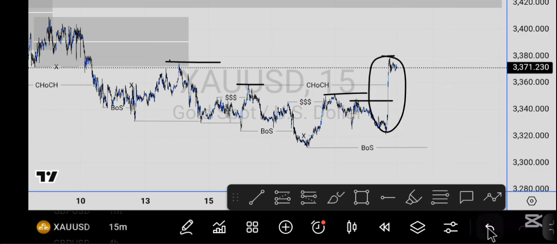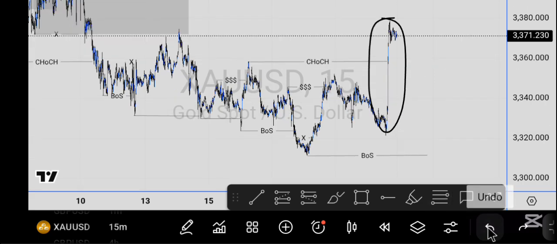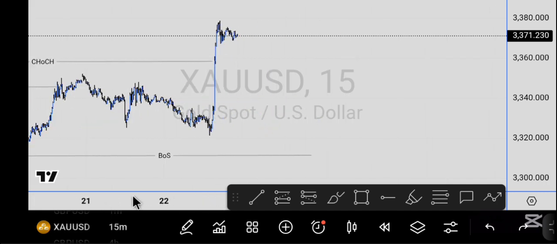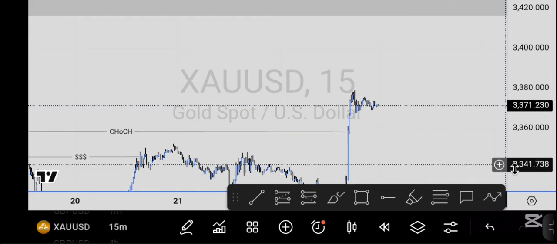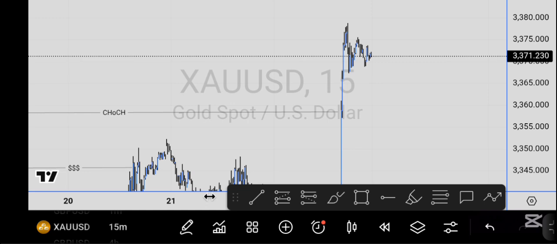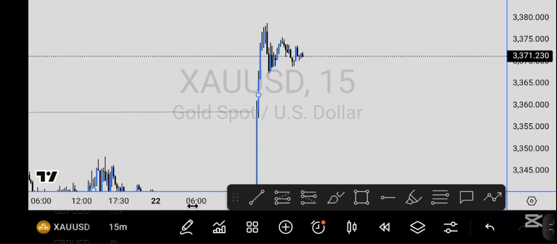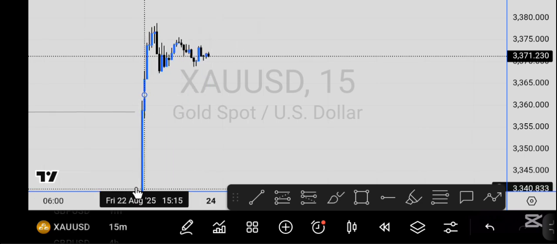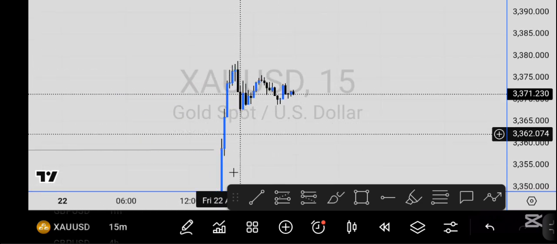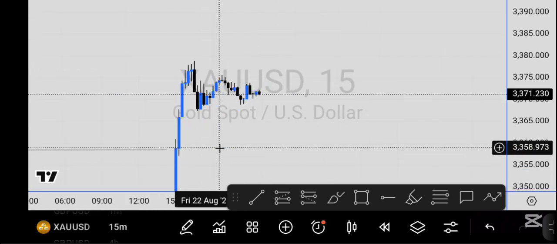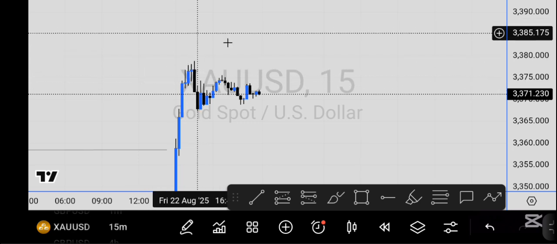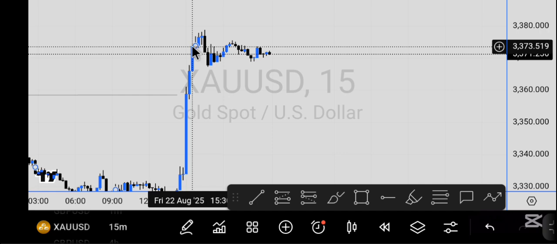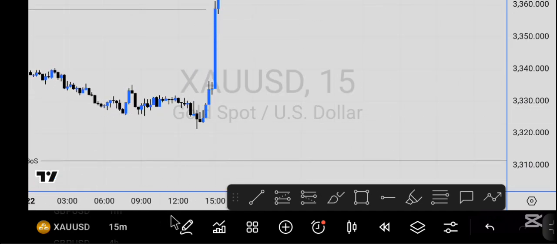It gave us a very clear, let me zoom in, you see that it gave us a very clear engulfing right here. And that is signifying that price wants to drop. So as of now, I am expecting that price should continue back to the downside.